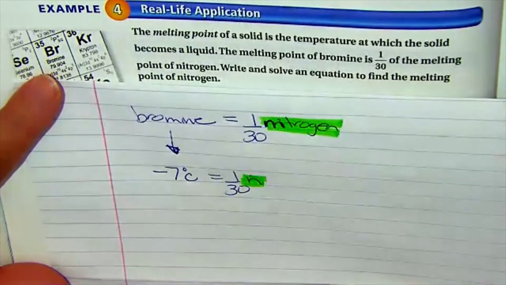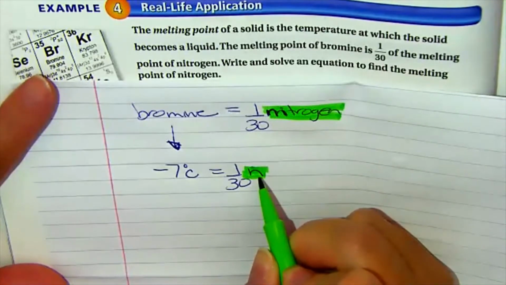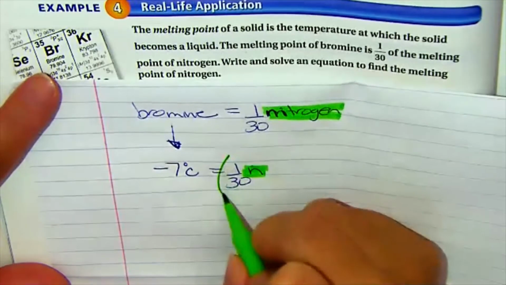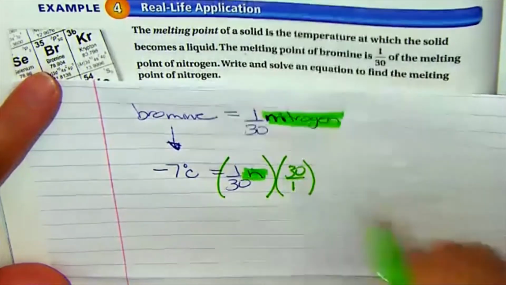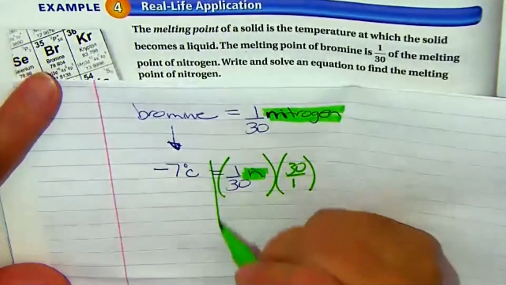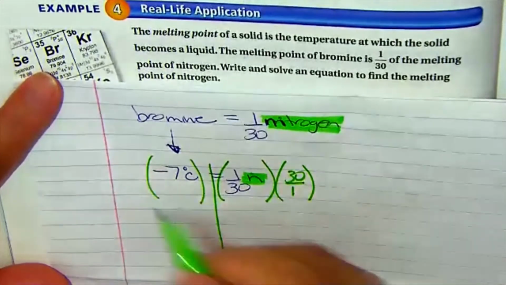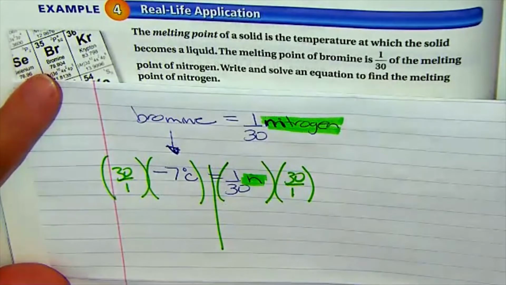Now this should look like something you've done. We spent Tuesday and Wednesday working on problems like this. So I need to isolate N, isolate nitrogen. To do that, I'm going to multiply by the reciprocal. And what I do to one side, I must do to the other.